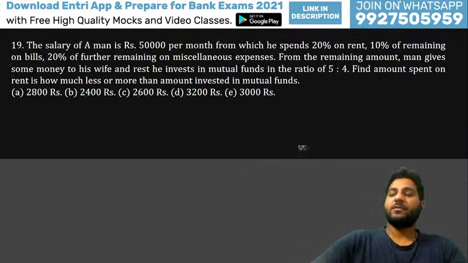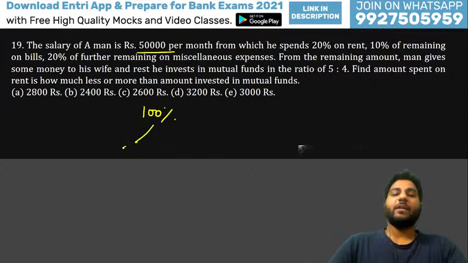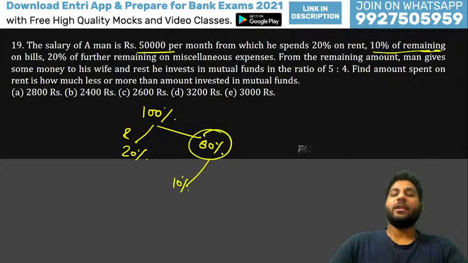Next one is very interesting. So let's see how you are going to solve this question. The salary of a man is 50,000 per month, of which he spent 20% on rent. Let's say it was 100%; if 20% is spent on rent, 80% is left, and 10% of the remaining is spent on bills, so only 90% of the remaining is left.